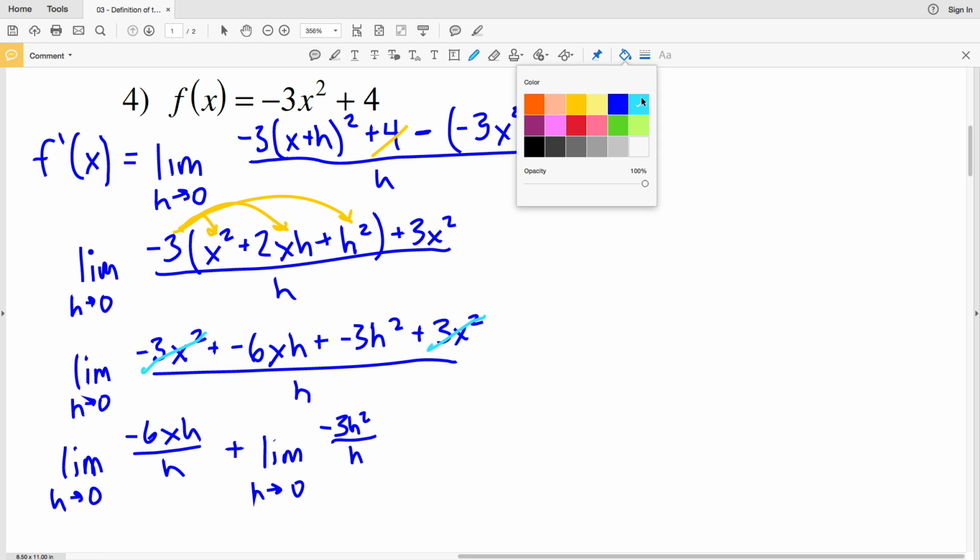Now notice in my first term, my h's cancel out, and in my second term, h squared over h is simply h. So negative 3h.